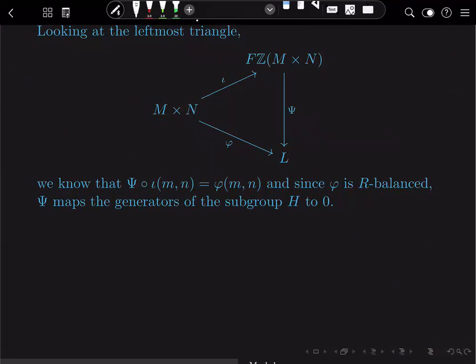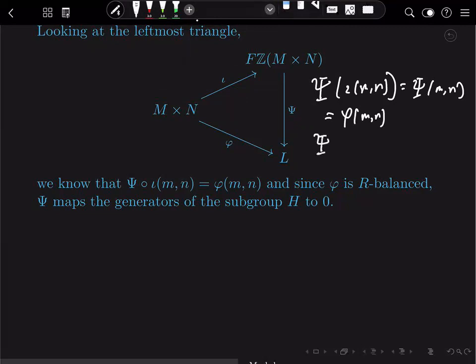Let's write this down again. So we know that psi of M comma N should be psi of iota of M comma N, which is equal to psi of M comma N. That has to be equal to phi of M comma N. And then we extend it linearly.